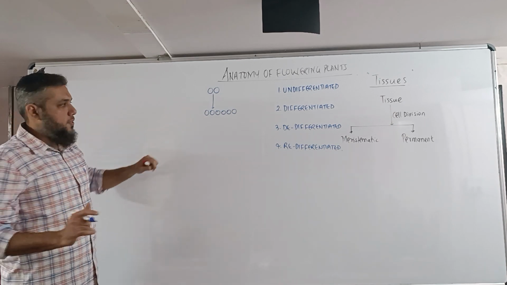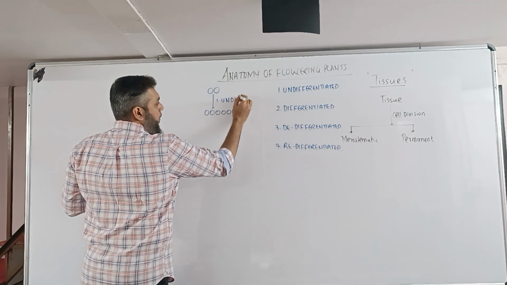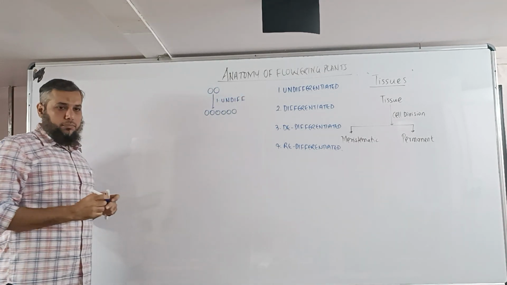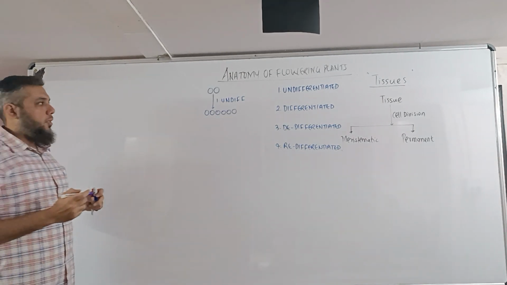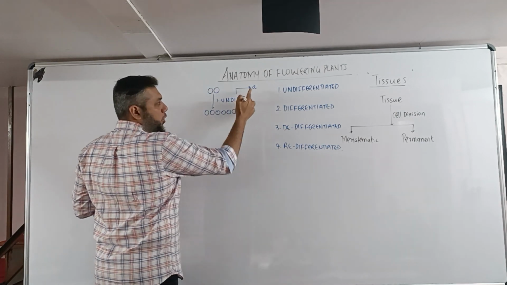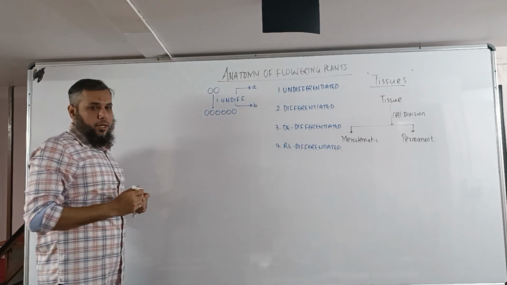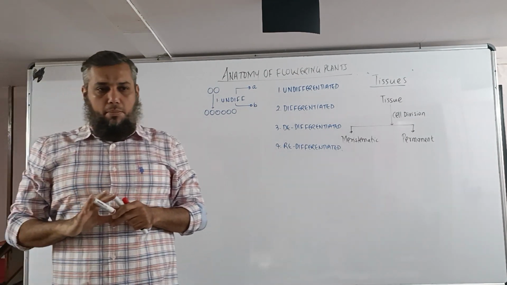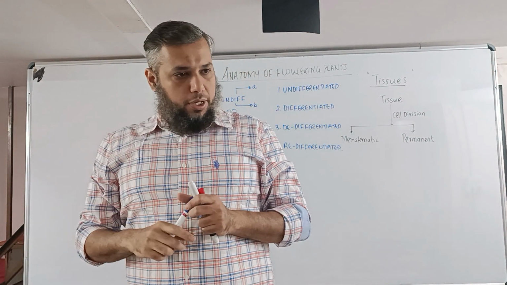Such a group of cells is said to be undifferentiated. So what are the 2 things I just mentioned? They are able to undergo cell division and they do not show any division of labor. That means they are undifferentiated.